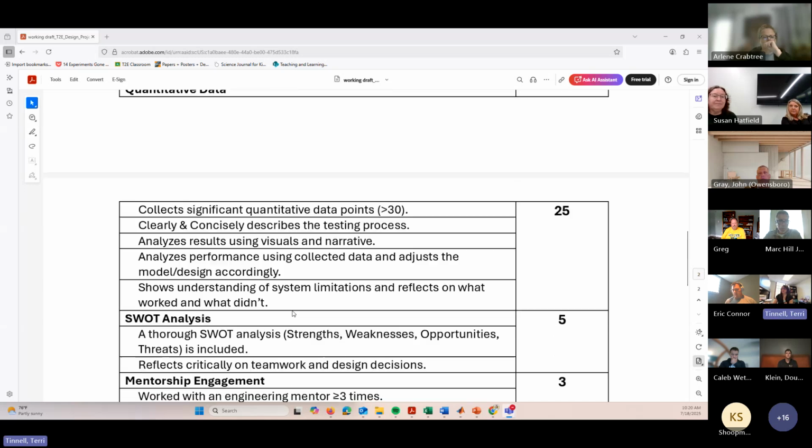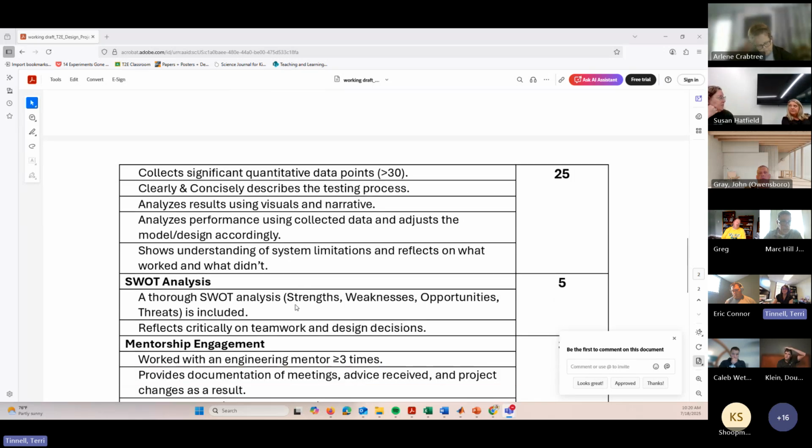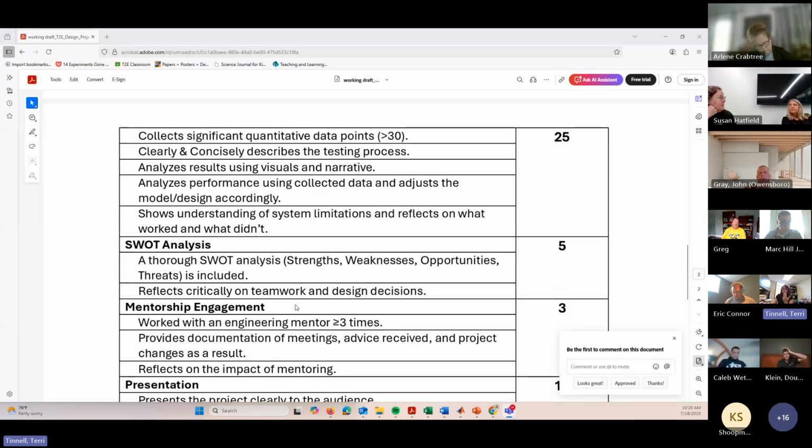So I don't know if it helps, but as we kind of go through here, what is really neat to see is when a team generates, and through their portfolio, we'll kind of show you the slides that we have that map into this rubric, but the SWOT analysis. So if you've never heard of a SWOT analysis, which I think a lot of people probably have, you just didn't know it was called a SWOT analysis.